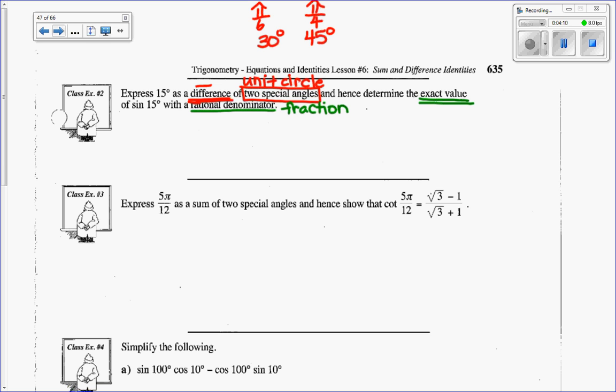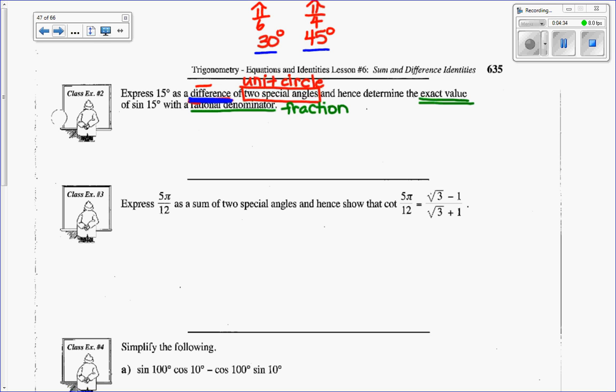So let's think about this for a minute. If we want to find the sine of 15 degrees, but on our unit circle we don't have a 15 degrees, but we have 30s, we have 45s, what could we subtract in order to get 15? Okay, but we don't know 15 degrees. We have to use what we know.